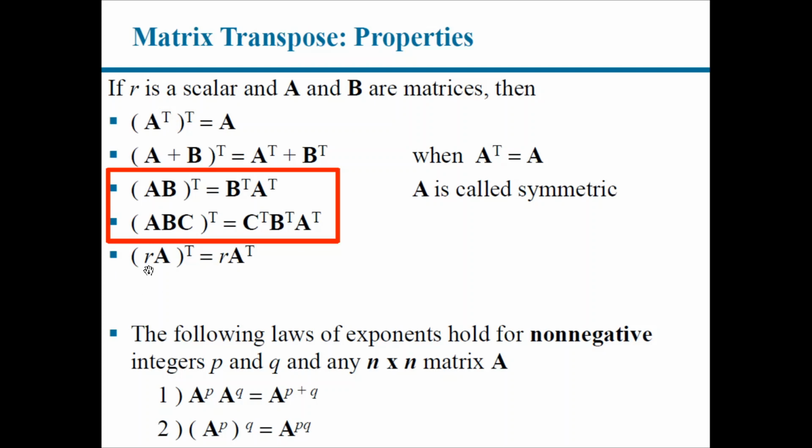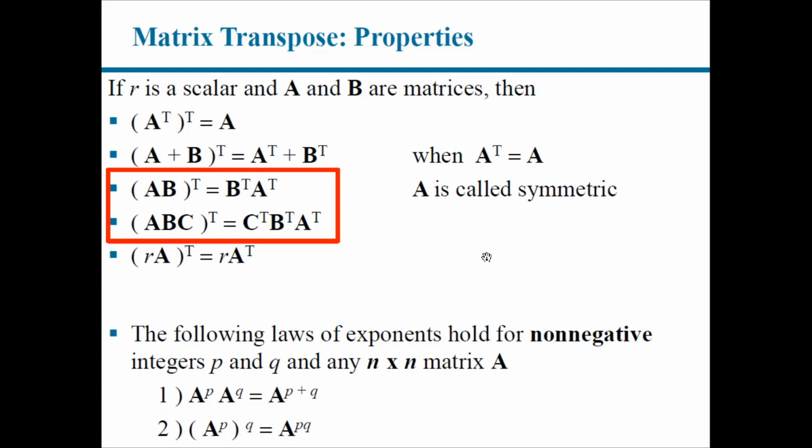If I have a number times a matrix and I transpose that, it's the same as multiplying the transpose of the matrix by that number, so nothing special. This is the normal law of addition of exponents, so that's what you would expect anyway. The only super important thing to remember is that for the transpose of the product, we need to reverse the order of multiplication of the transpose matrices.